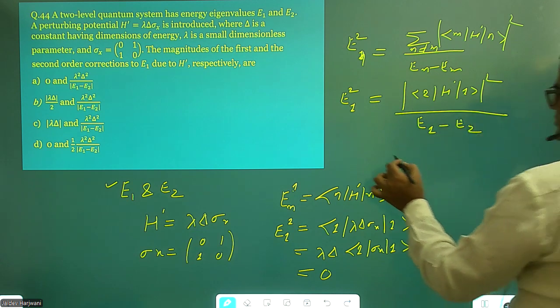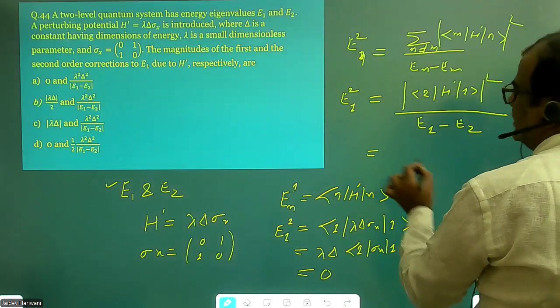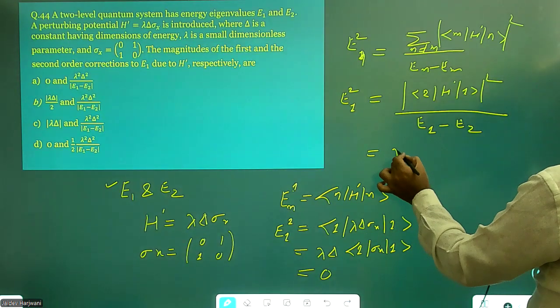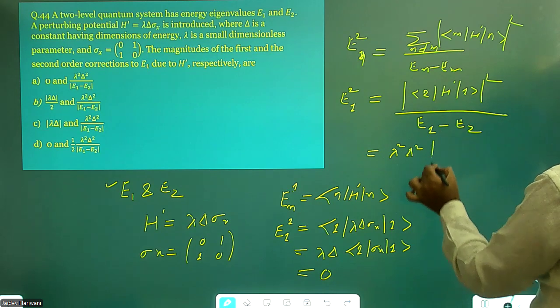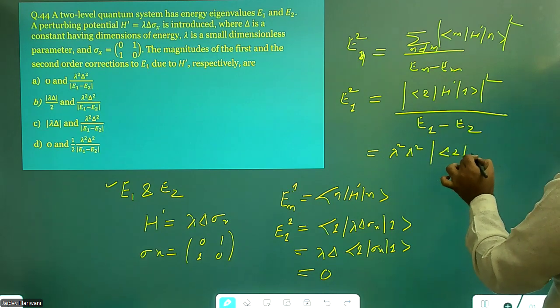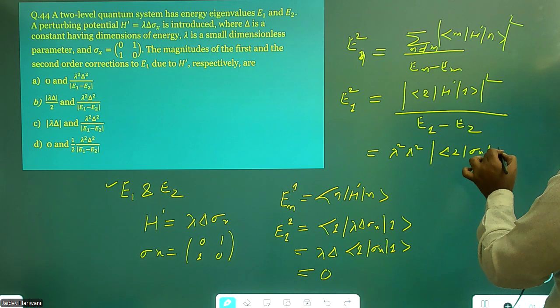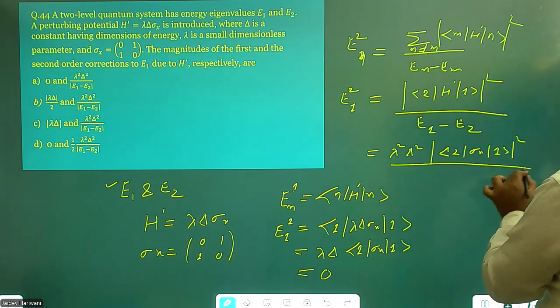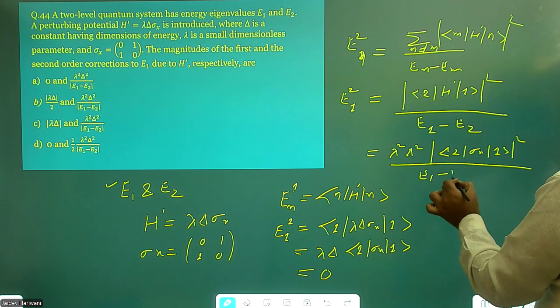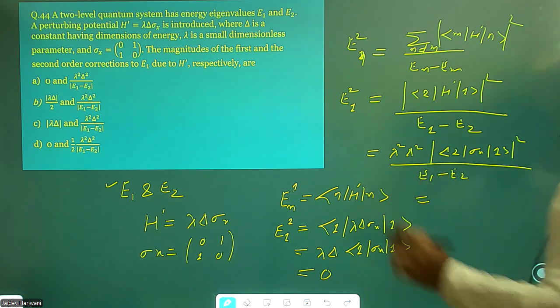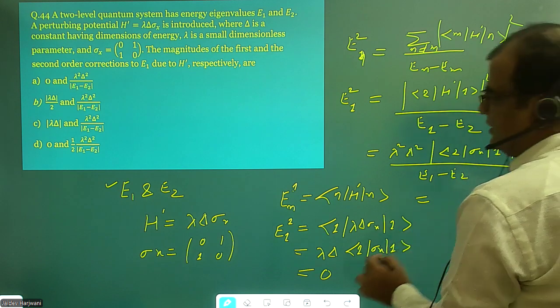And now this gives me λ²δ² times the matrix element of σx squared over E1 minus E2, and the 2,1 element is 1.